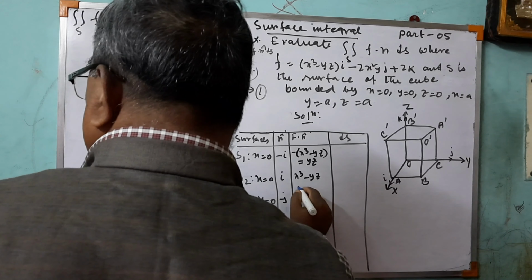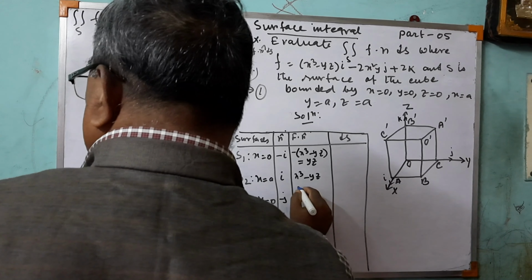Okay, then that is S4. Here j dot this is minus 2x square y, which becomes minus 2a x square, because y equal to a, I am just putting it here.